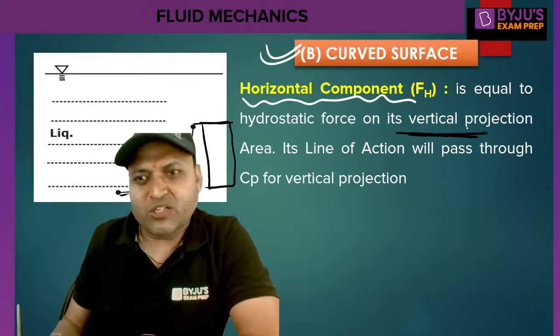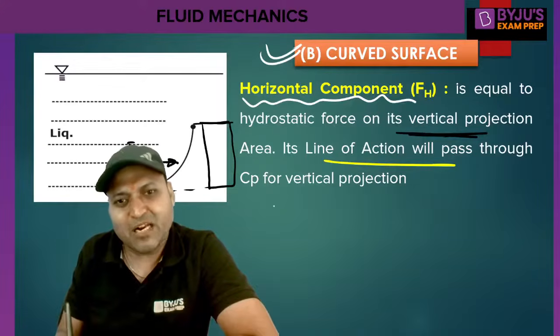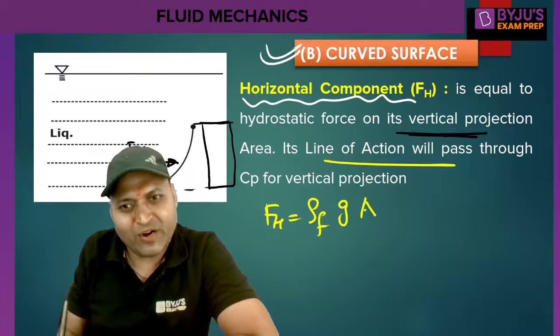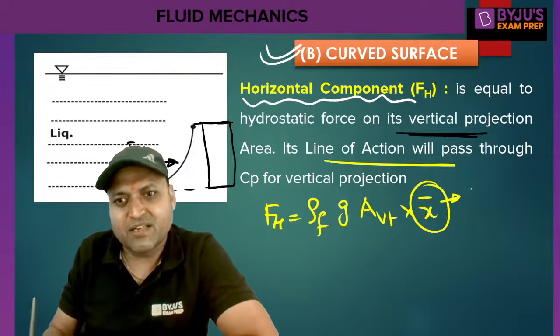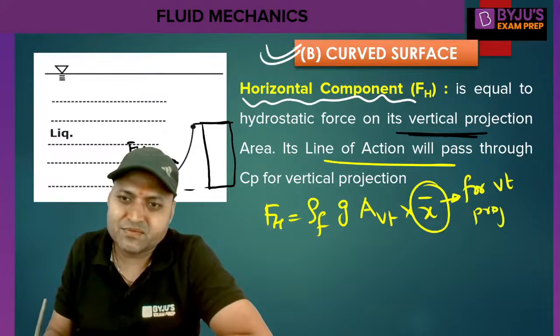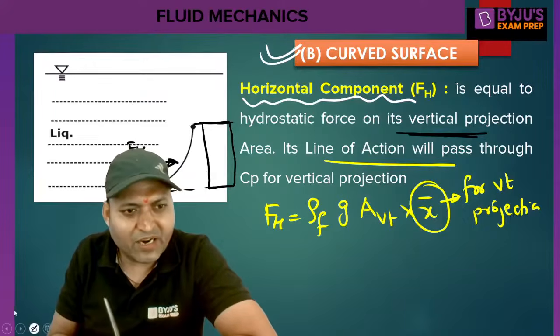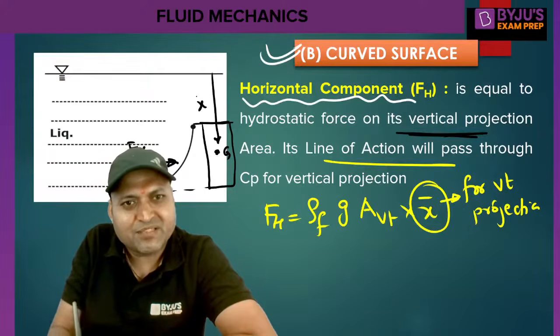Hydrostatic force on its vertical projection area, and its line of action will pass through the CP of the vertical projection. So FH is equal to rho F into G into vertical projection area into x bar. X bar is the depth of the centroid of the vertical projection. If this is the vertical projection and G is its centroid, x bar will be this.